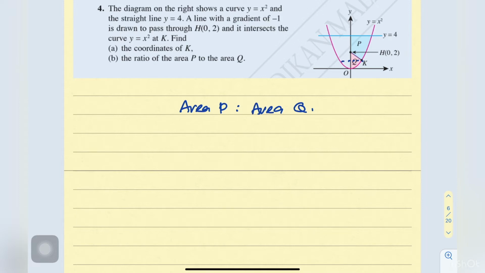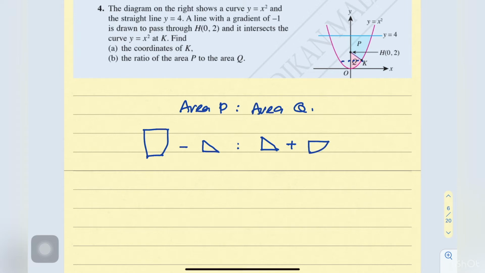For this one, we are going to use the formula integrate with respect to y, because the lower limit and upper limit are values of y. So area P is this one, area of this minus area of the small triangle. Area Q is area of triangle plus area of shaded region.